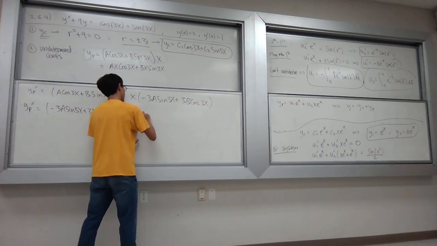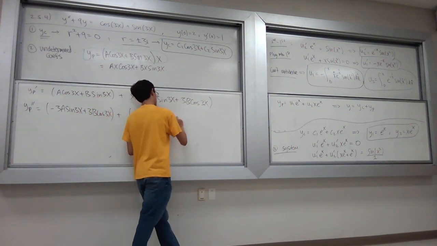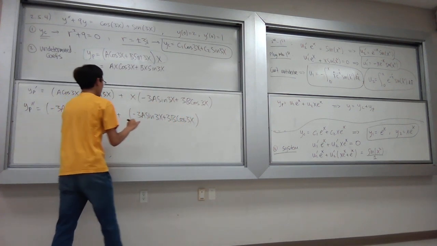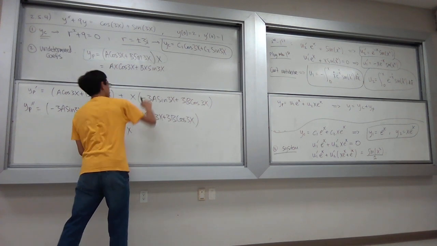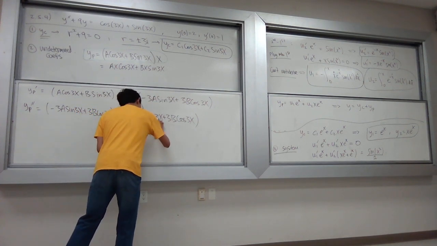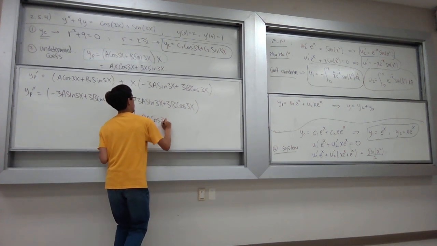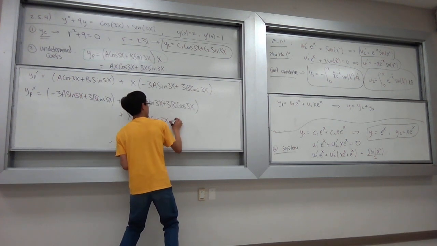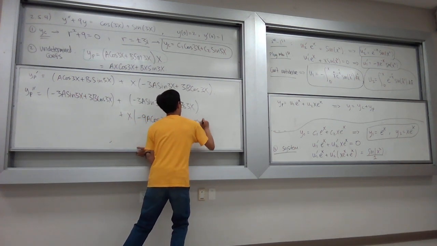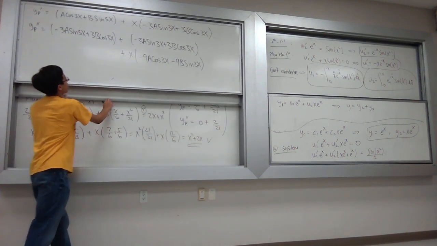Differentiate the x: negative 3a cos 3x. I'm sorry, black marker. And then plus x times the derivative of this: negative 9a cos 3x minus 9b sine 3x.